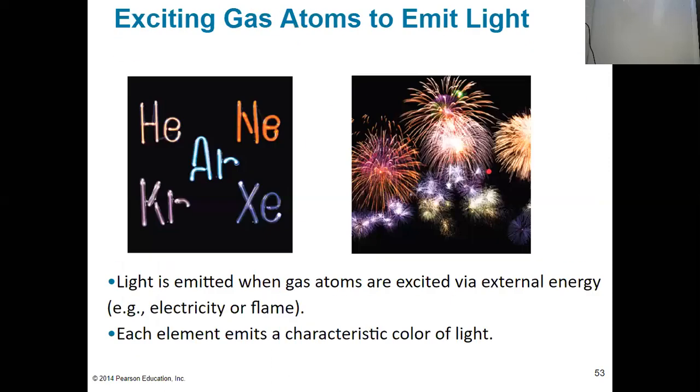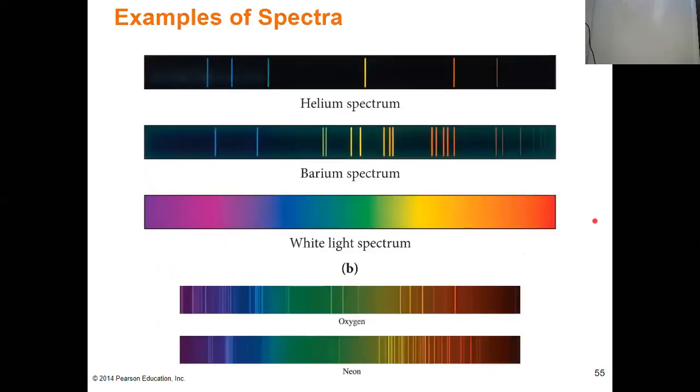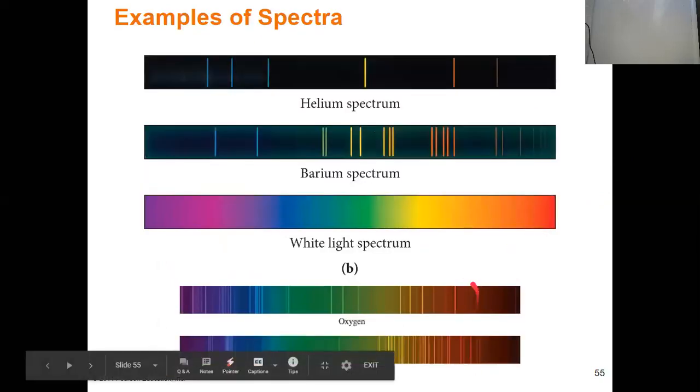Here is some examples of these. This is the color of the neon lights that are associated with the particular elements here, and obviously fireworks is an example of that. And this is an example of what an absorption spectra would look like.